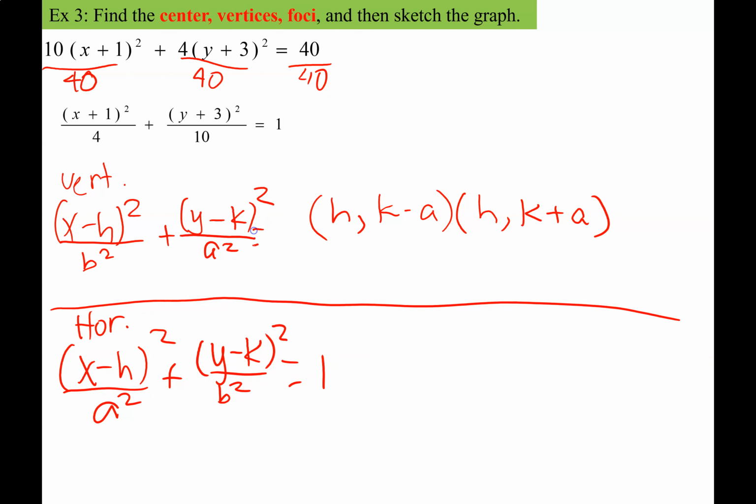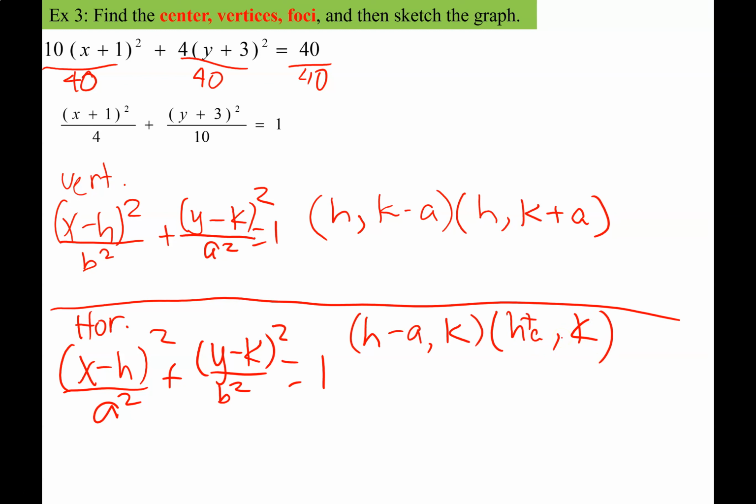And again, it's going to be equal to 1. Sorry, I forgot to put it there too. And what would your major vertices look like for this one? For this one, it would be h minus a, comma, k. And then the other vertex would be at h plus a, comma, k.